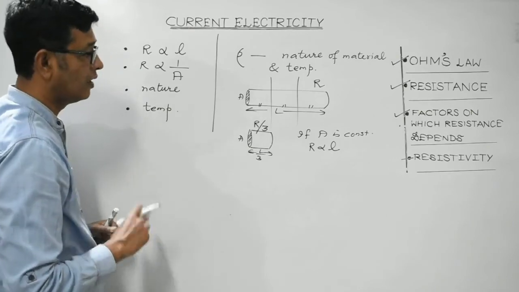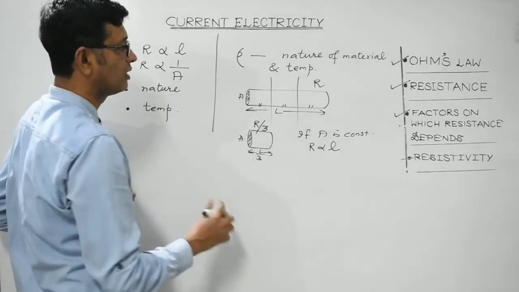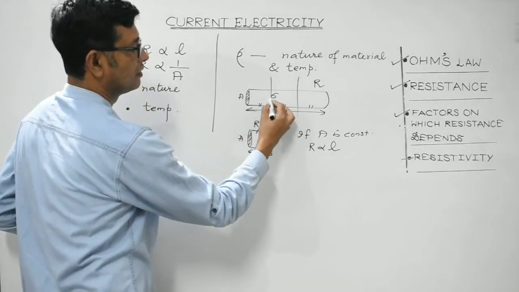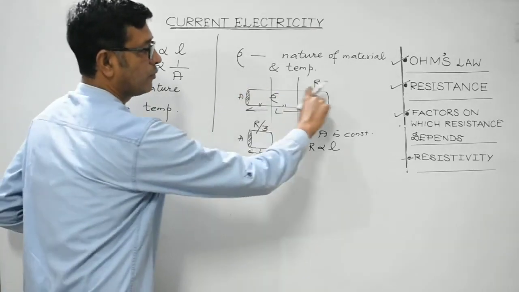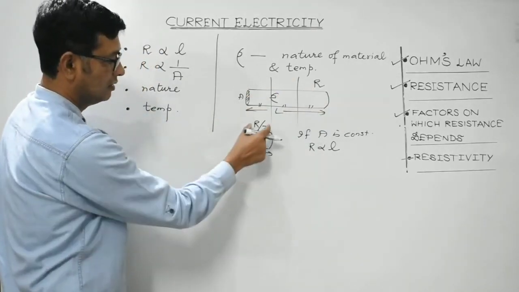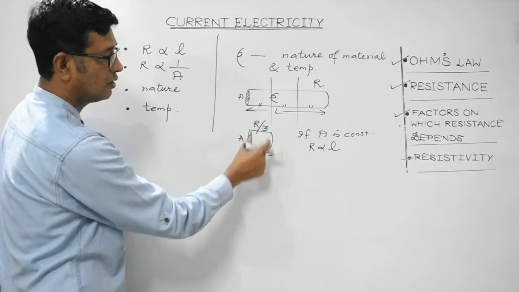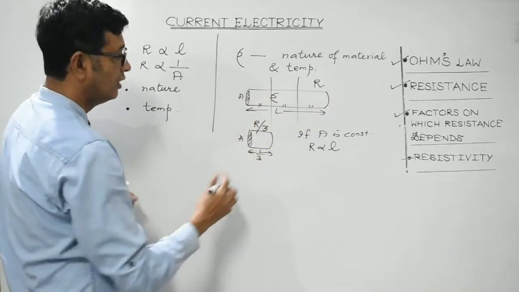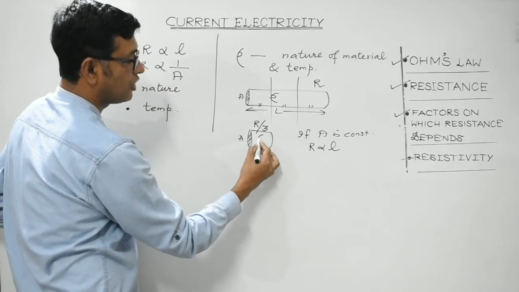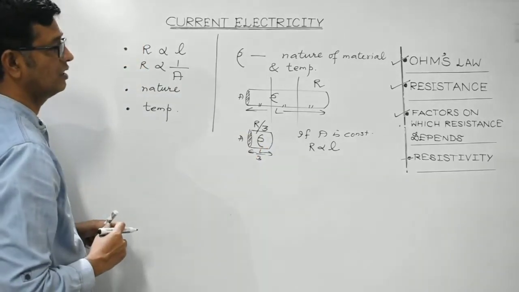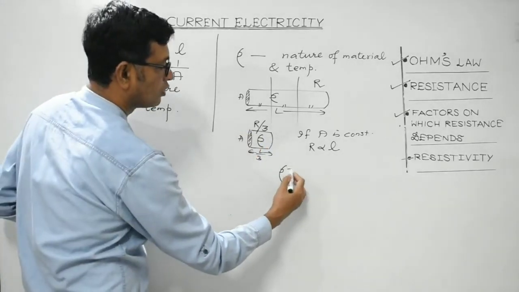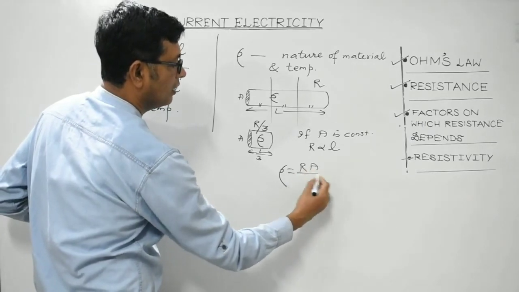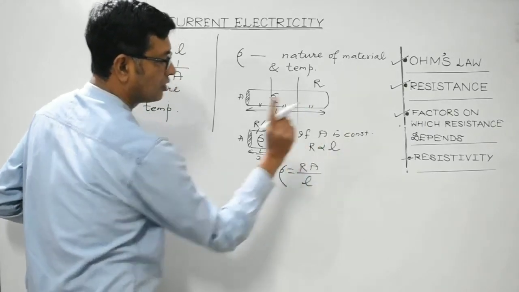Right? But students, the important point is that resistivity. Suppose it is made up of copper. This part, 1/3 part of the original one, it is also of copper only. So resistivity won't change. It will remain constant. Because formula is rho is equal to RA by L. A is constant, right?